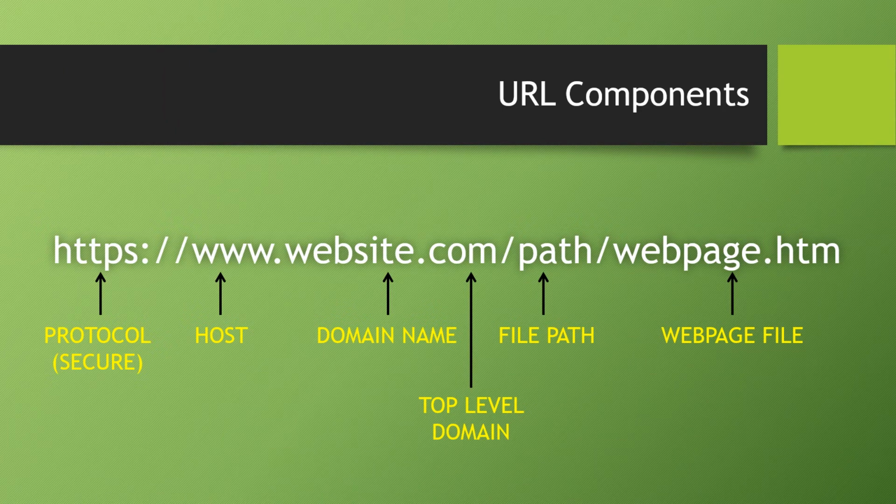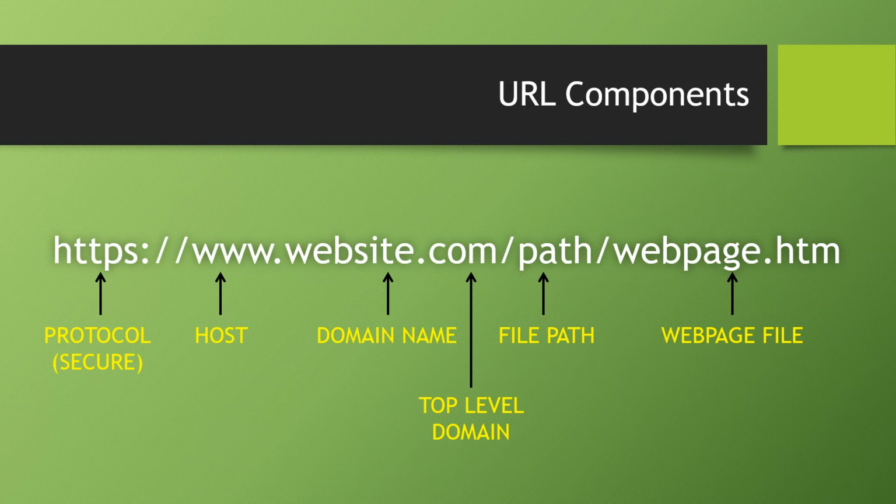So these are the components of a typical URL that you would see in that browser address bar. First of all, the protocol, HTTPS or HTTP. Now, please note that the S indicates that it is a secure address. If the S is not present, it's not secure.